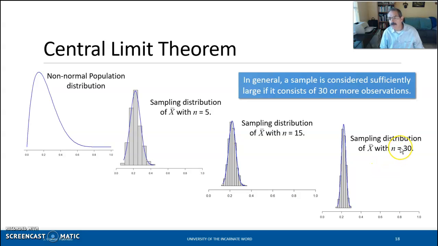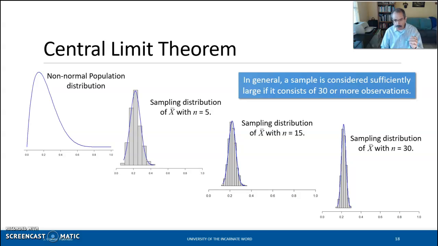But if you reach samples of size 30, then you start seeing that this distribution is pretty much normally distributed. So in general, we're going to use this rule: if the sample size is 30 or larger, the sampling distribution of the mean will be assumed to be normal.